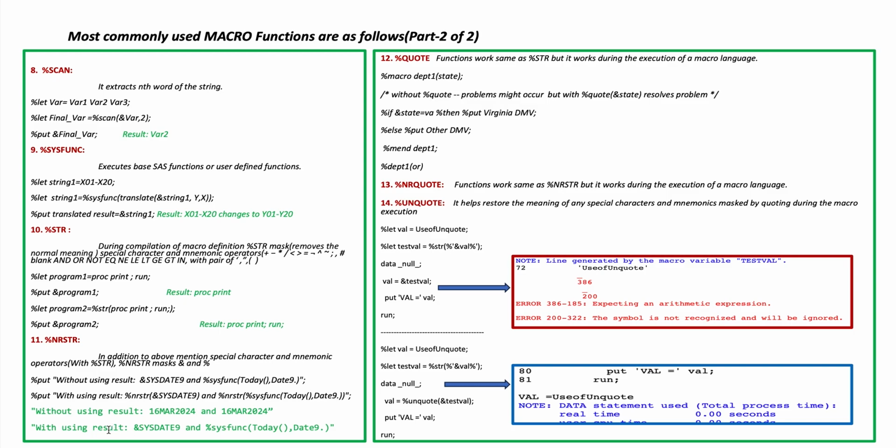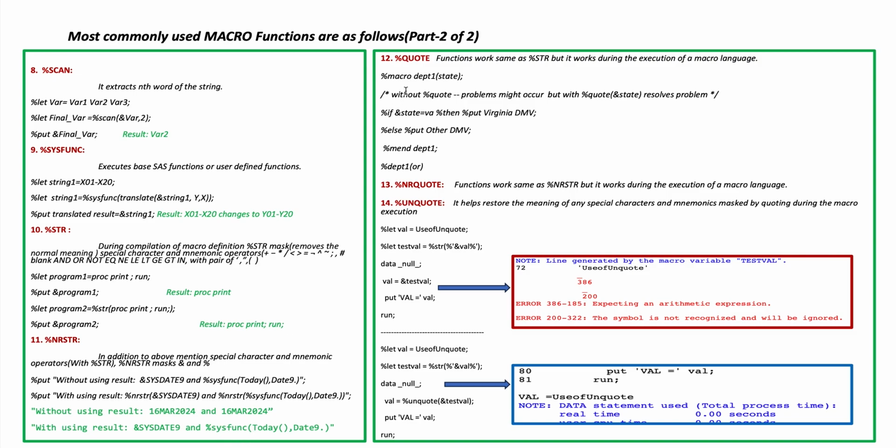With using %nrstr, it doesn't resolve the date, because the normal meaning of the ampersand is removed here. That means this ampersand is only a character in this case. That's why it doesn't resolve the date. Same as here, %sysfunc.